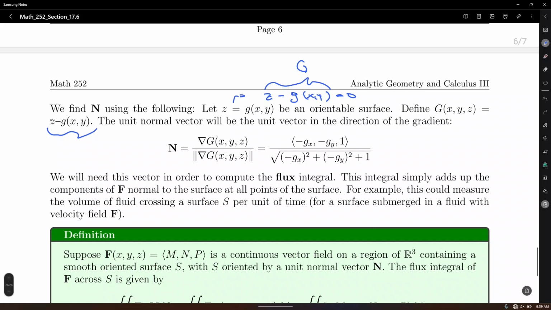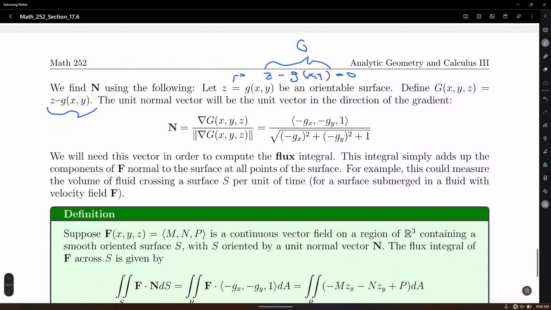What's the partial with respect to z? Isn't that just one? Divide that by the magnitude of that vector to get the unit vector, so divide by the square root of the components of that vector squared. Pretty much day one material, but with this new setting.